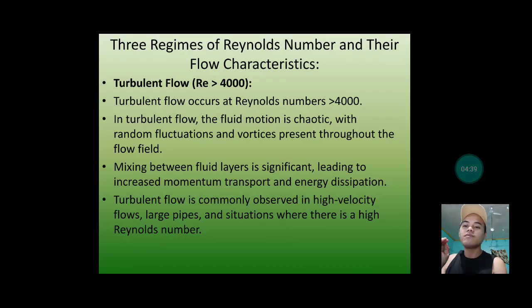Mixing between fluid layers is significant, leading to increased momentum transport and energy dissipation. Turbulent flow is commonly observed in high velocity flows, large pipes, and situations where there is a high Reynolds number.